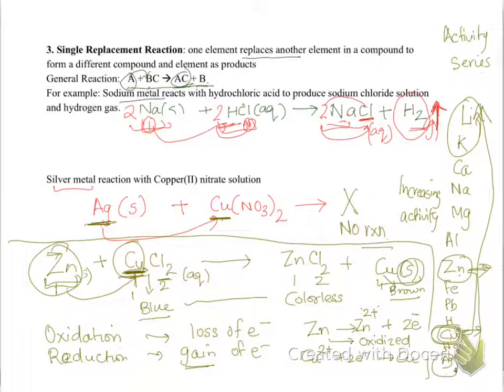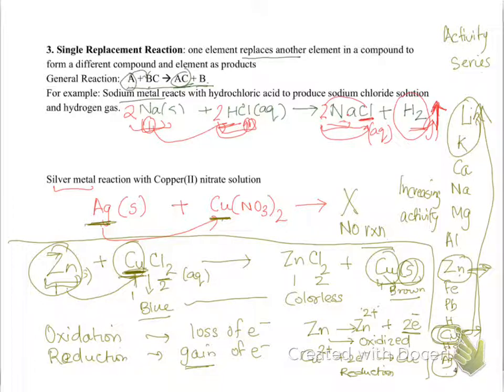It is gaining 2 electrons to make copper: 2 plus 2 negative gives Cu. So this is called reduction. So this reaction is also known as an oxidation reduction reaction. Zinc is getting oxidized, copper is getting reduced.